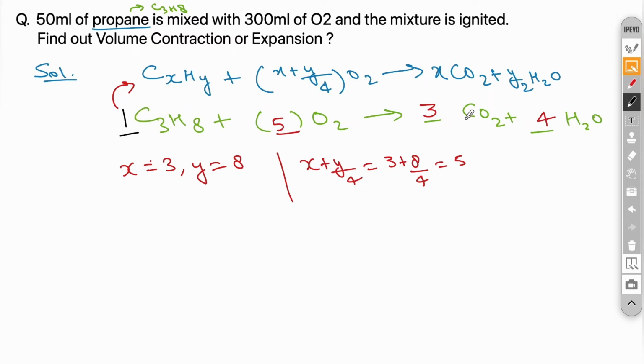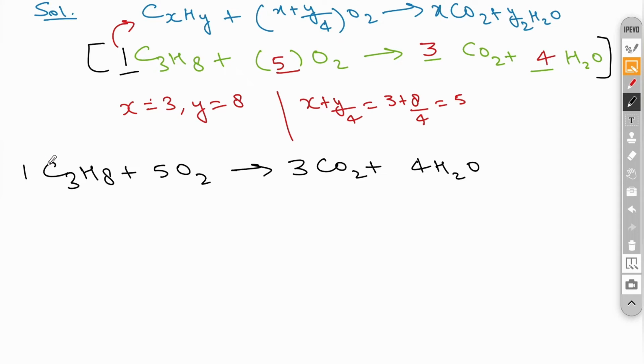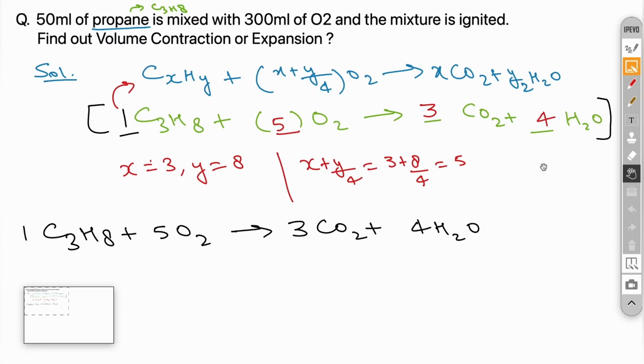The stoichiometric coefficient for C3H8 is 1. So we'll write here 1 mole of C3H8 combines with 5 moles of oxygen to form 3 moles of CO2 and 4 moles of H2O. This is one here. Also, what we are given here is that 50 ml of propane is mixed with 300 ml of O2, right?